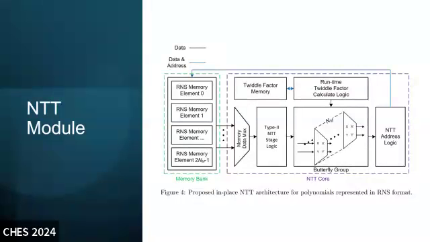And then the second innovation is that we design a very interesting NTT architecture. There are different ways to implement the NTT architecture, but the way we implement it is that in the memory bank part, we set up a parameter called n subscript bf. This n refers to the scalable parameter.